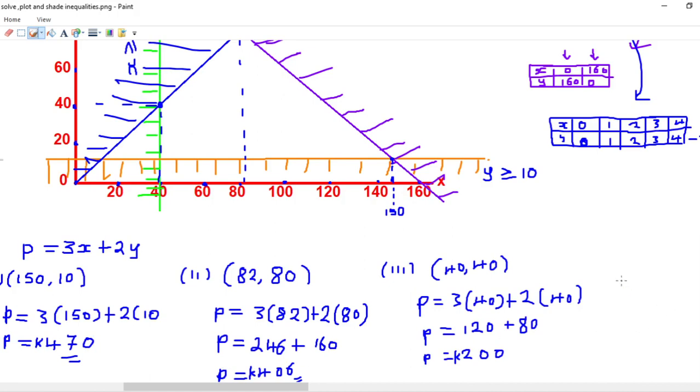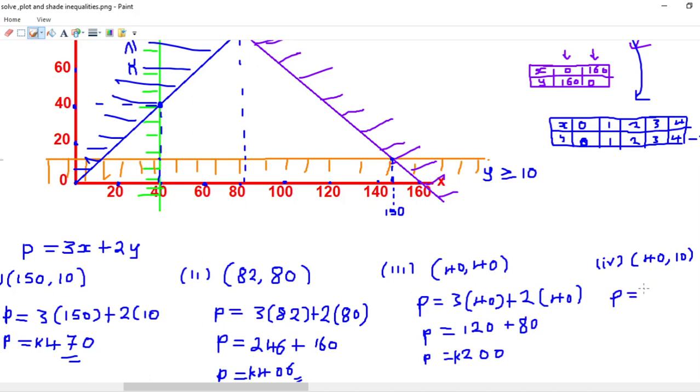Now we can also test the fourth one. Testing the fourth one, we can pick this point which is just 40, 10. So 40, 10, we substitute in the profit equation.